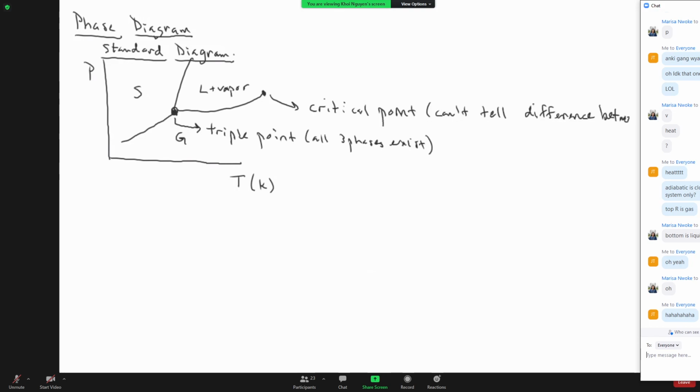Between a liquid and gas. Anything above this is the fourth state of matter. We call that a supercritical fluid. The fourth state of matter is usually called plasma.